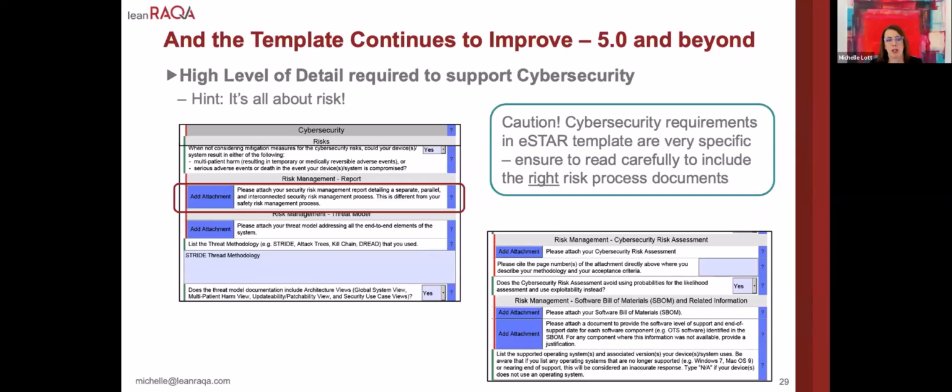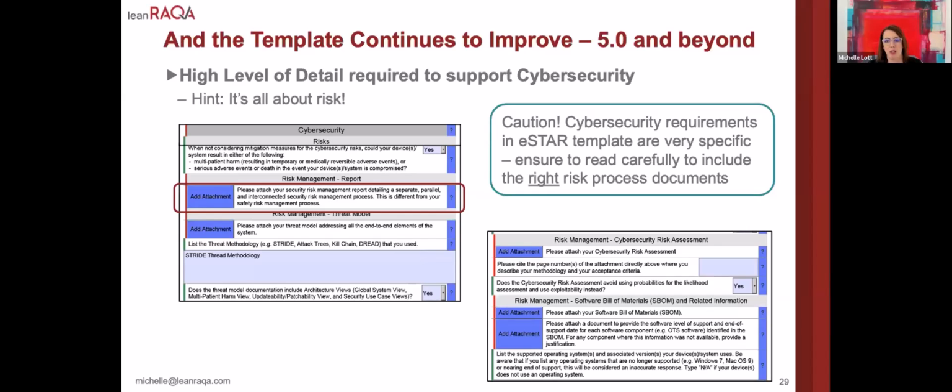So cybersecurity was a huge change. In prior revisions, it only had maybe 4 questions that made up less than half a page of the submission drop-downs before the answers and attachments were put in. And now it's gone into several pages worth of the submission.